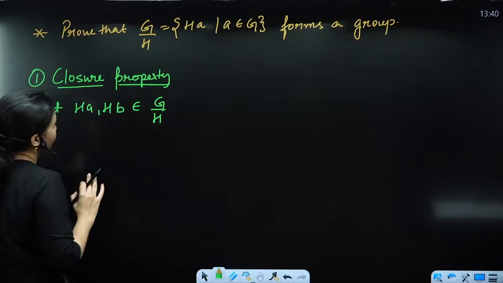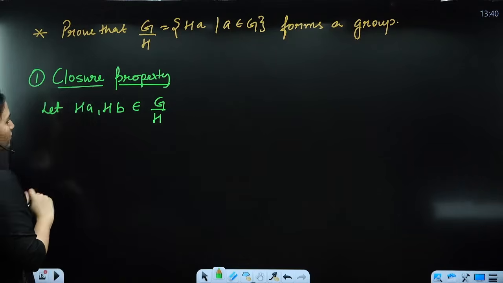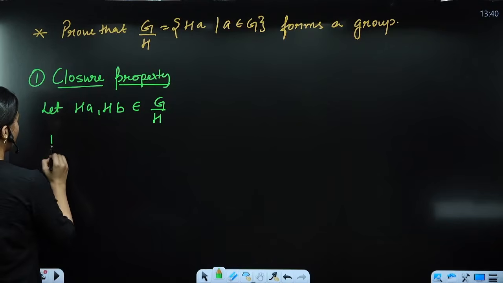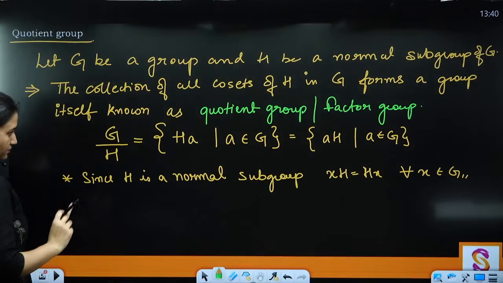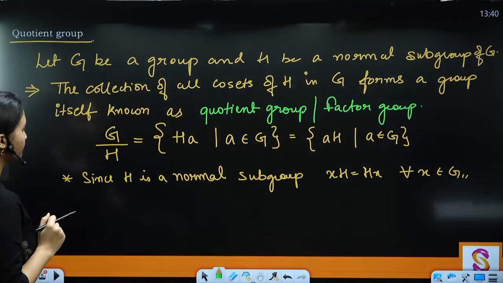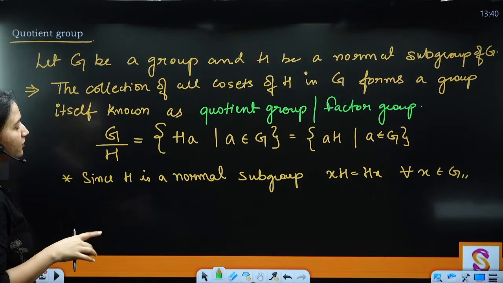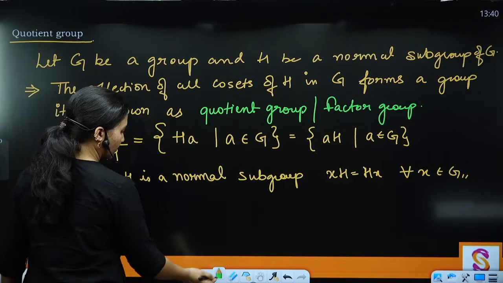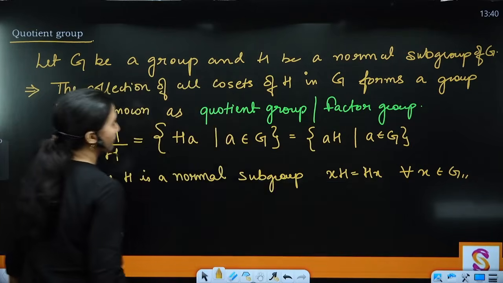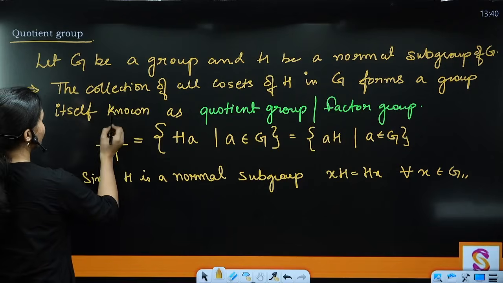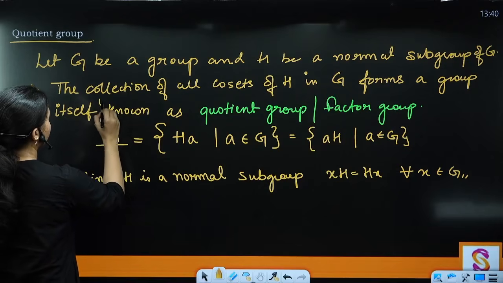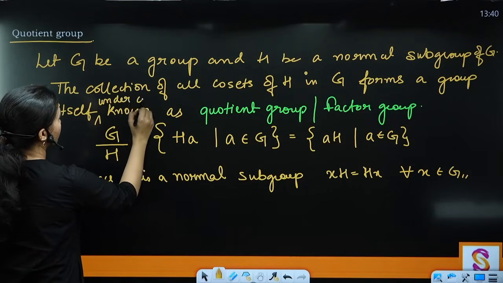Also, ठीक है, we don't need to write anything. So what are we doing? अच्छा, one more thing. Forms a group, factor group, and just add one point here: under coset multiplication.